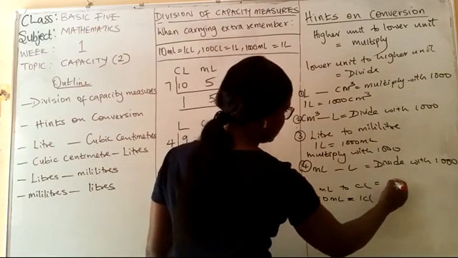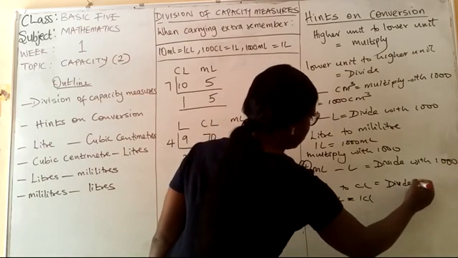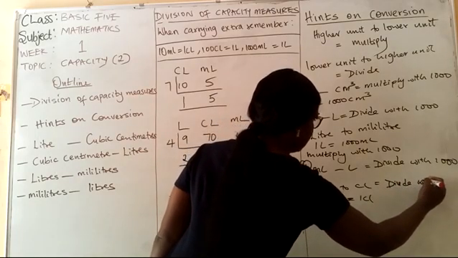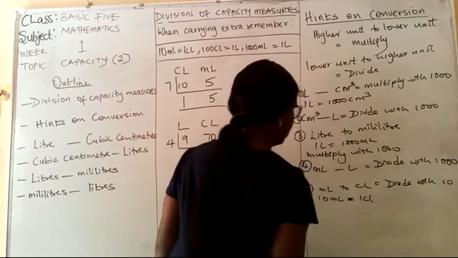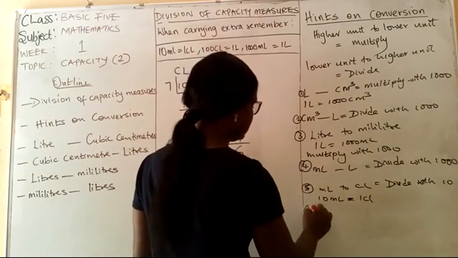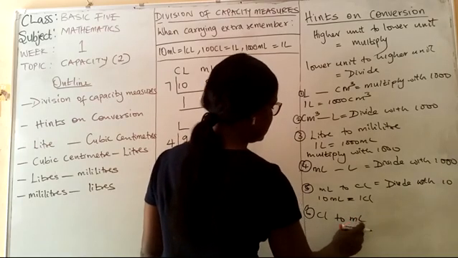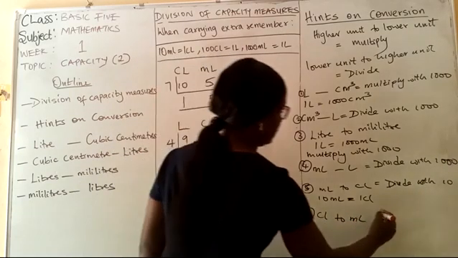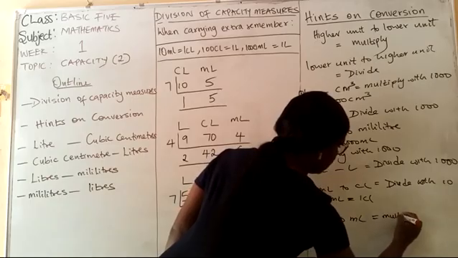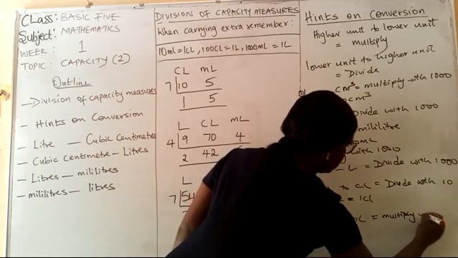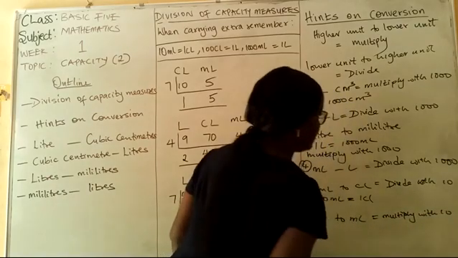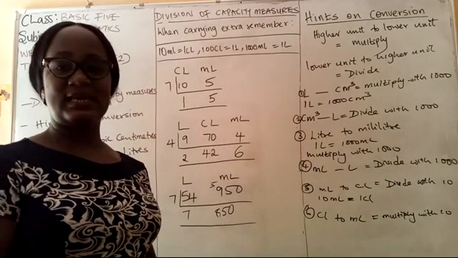So you simply divide with 10. Okay? Now, the other way around, cl to ml, which is from higher to lower, you multiply with what? 10. Okay, so these are the hints.